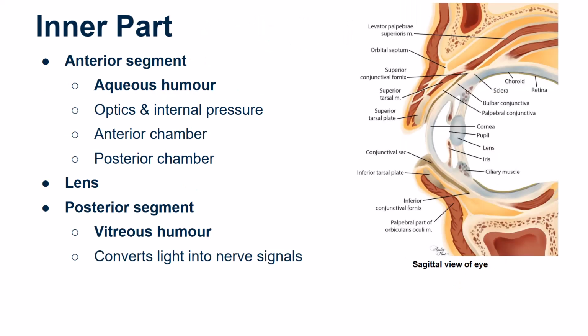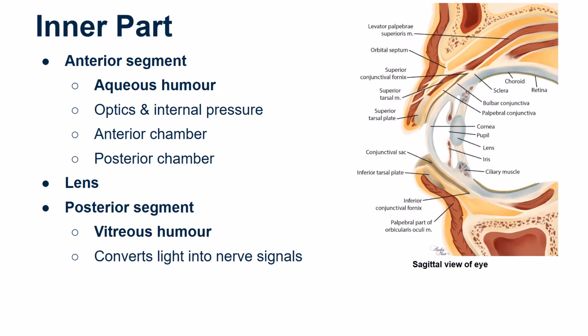Now the inner part of the eye. There are two segments: an anterior segment and a posterior segment. The division between the anterior and posterior segments is that of the lens. So let's start with the anterior segment.